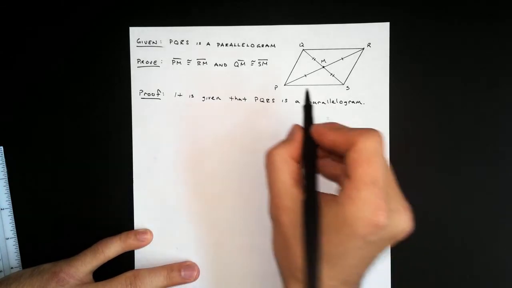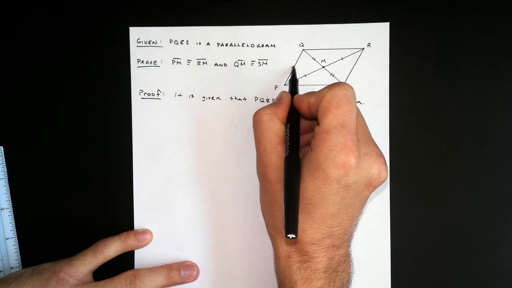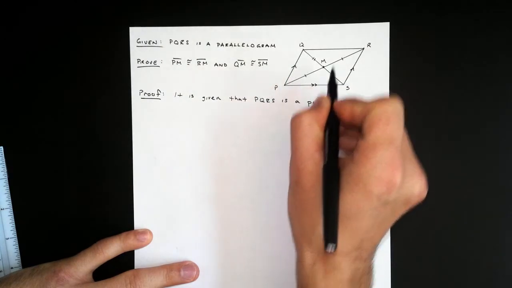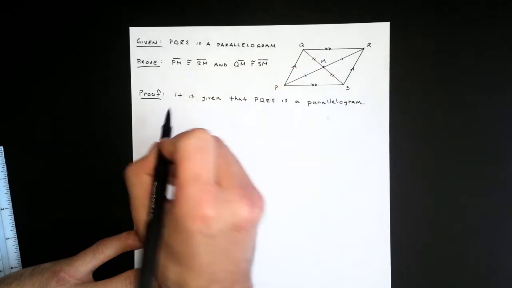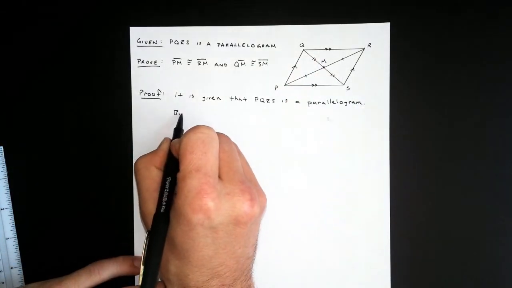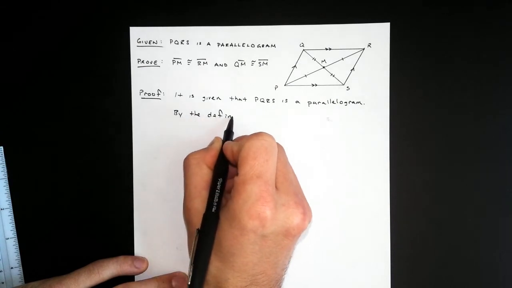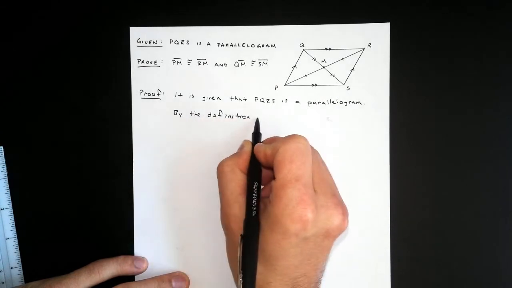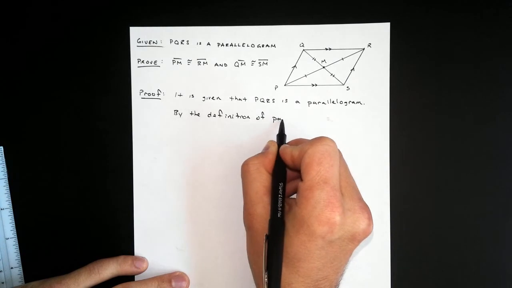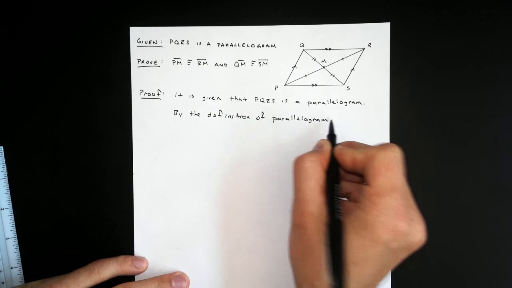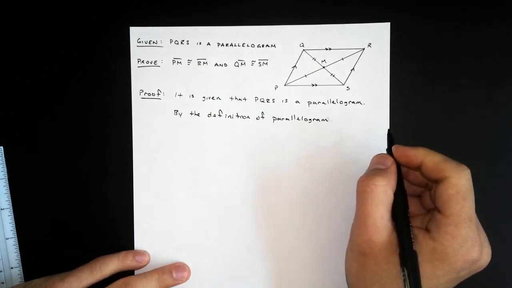So if we have a parallelogram, the definition tells us that the two pairs of opposite sides are parallel to each other. So by the definition of a parallelogram, this is just directly following from what our starting information was.